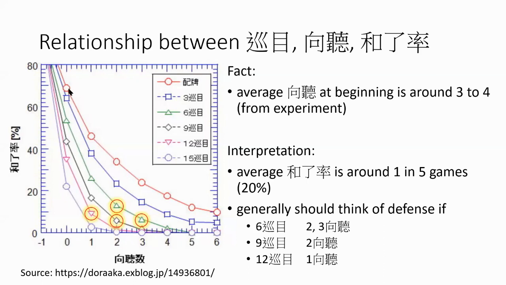If you are already 叫戶 at the very beginning, then you have roughly a 70% chance of winning. However, if you are reaching the very end of your gameplay, say, for example, 15 秦目, and you are 叫戶, then you only have roughly a 20% chance. Okay? So this diagram here tries to demonstrate the relationship between 秦目, 向聽, and 和了率.